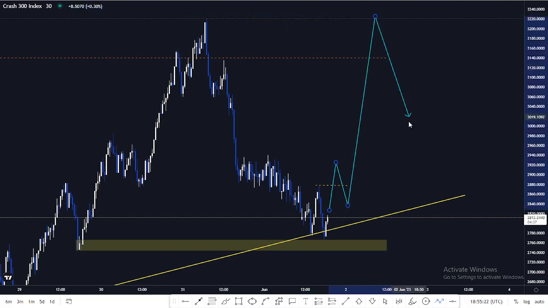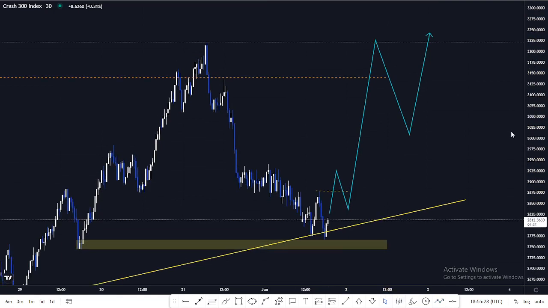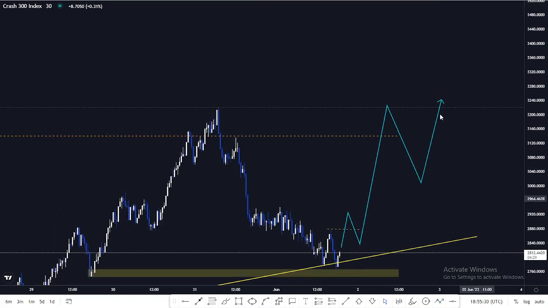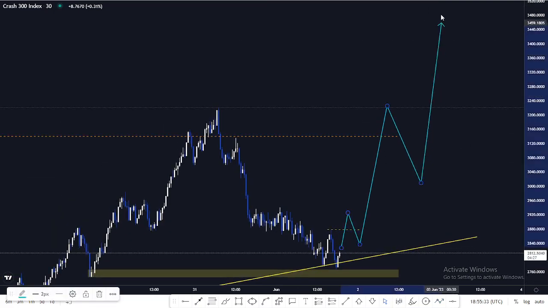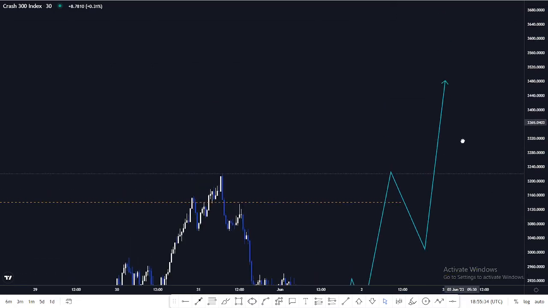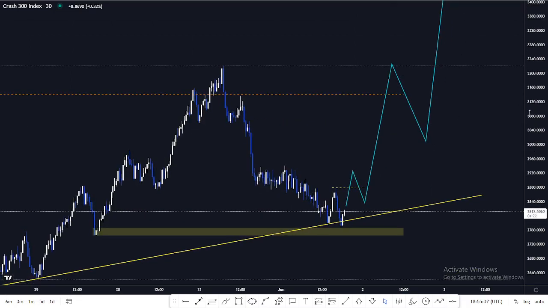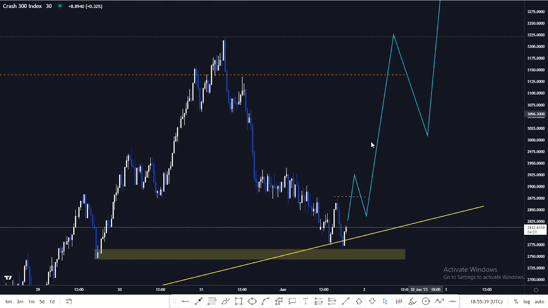Once we break there, we get a pullback, then we continue flying up high to that target that I showed you, all the way to the top. Obviously when you're using 30 minute, 15 minute, it means your stop loss is actually smaller. So this one here was a sniper entry that you could have actually entered.